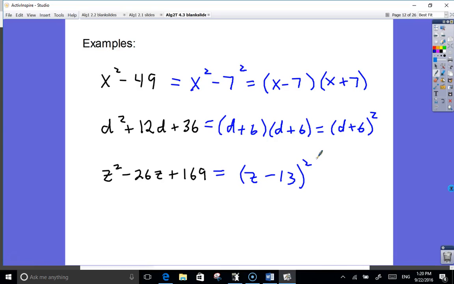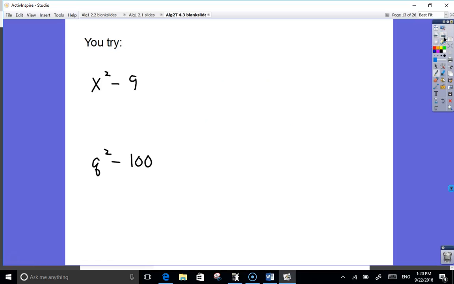The square root of 169 is 13. Okay, so try those two. I'm going to keep the recording rolling because I don't think this should take you long.